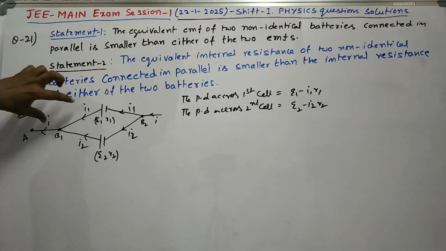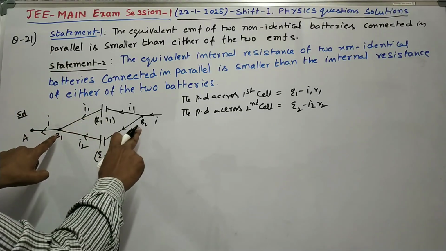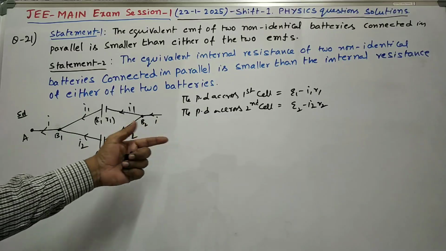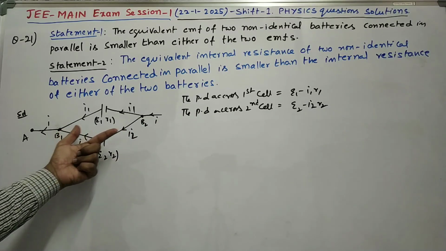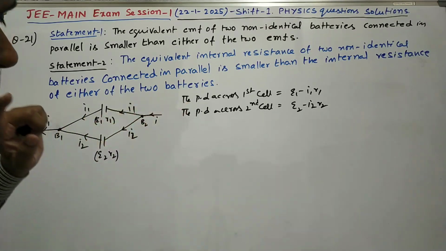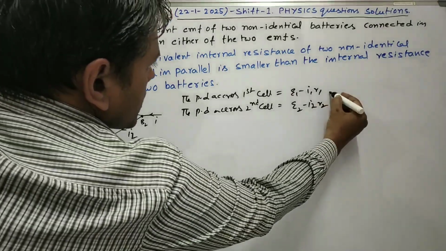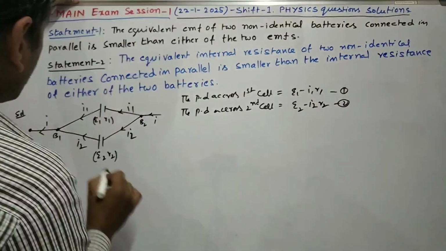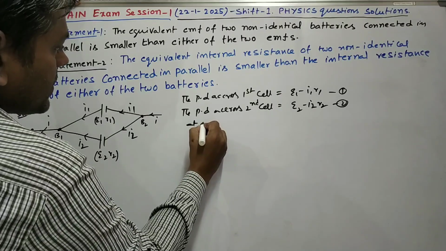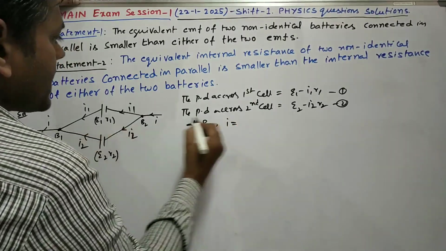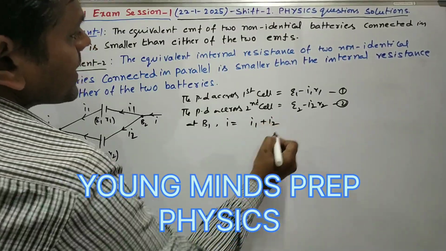Both cells are connected across the same two terminals, so the potential drop between B1 and B2 is the same for both. This is equation 1 and this is equation 2. Moreover, at junction B1, the total current I is equal to I1 plus I2.